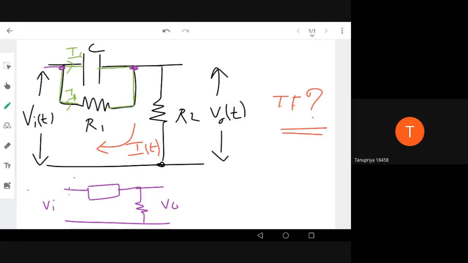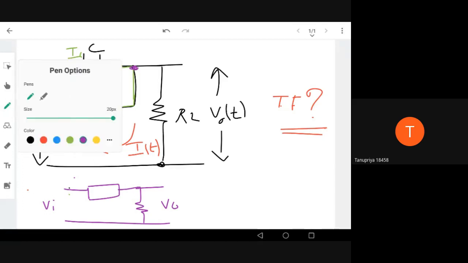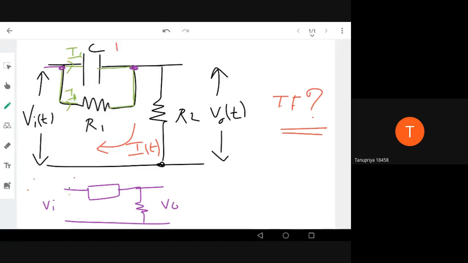Anyway, we are trying to find the Laplace transform. So we know how the elements will act. The capacitor will be 1 by Cs, the impedance in the Laplace domain or frequency domain, right? Resistance, definitely it will be R only, because there is no integration or differentiation in the Laplace domain. So what is the parallel combination of resistance and capacitance? This is Z. Z here will be the parallel combination of this resistance and capacitance impedance.